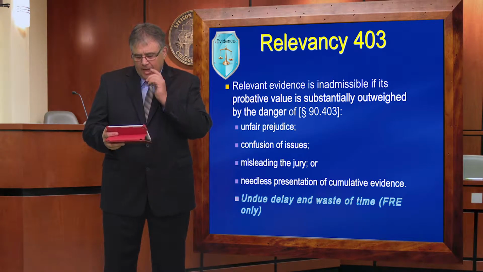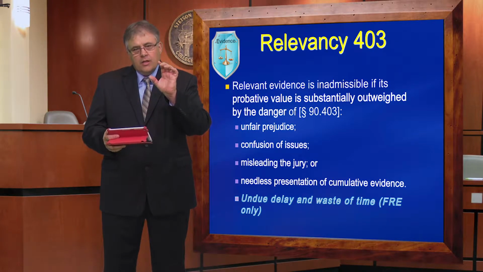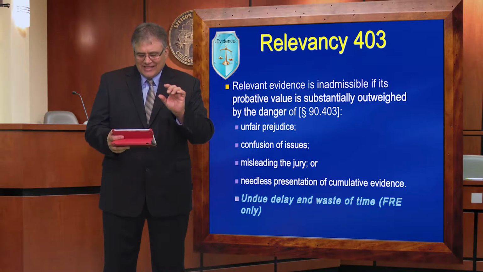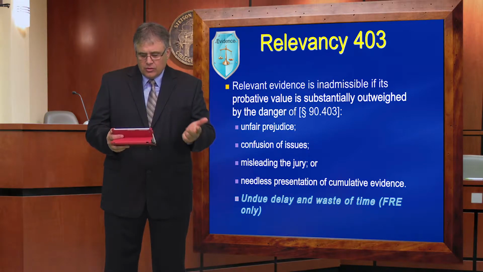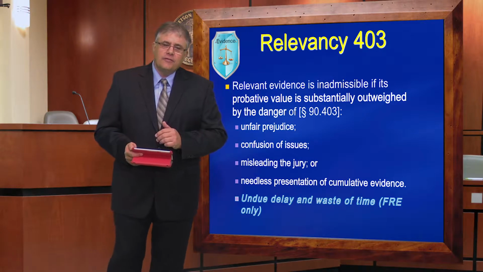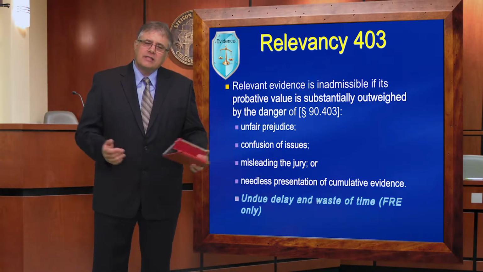Otherwise, I'm always doing the balancing test between the probative value and the substantial danger of unfair prejudice, confusion of the issues, misleading of the jury, or needless presentation of cumulative evidence. This is the classic 403 balancing test.